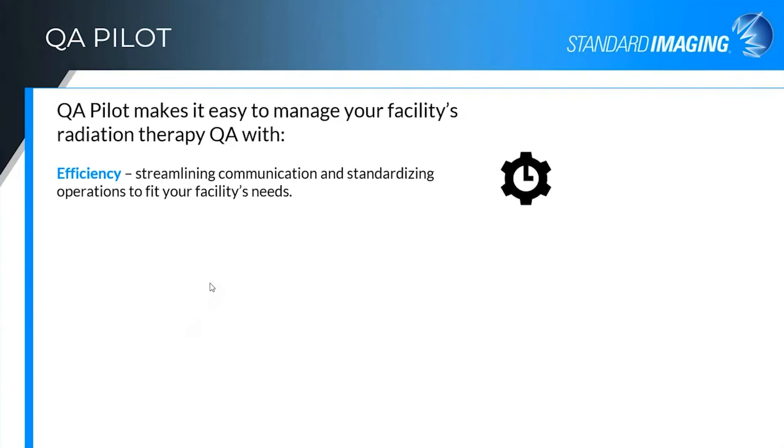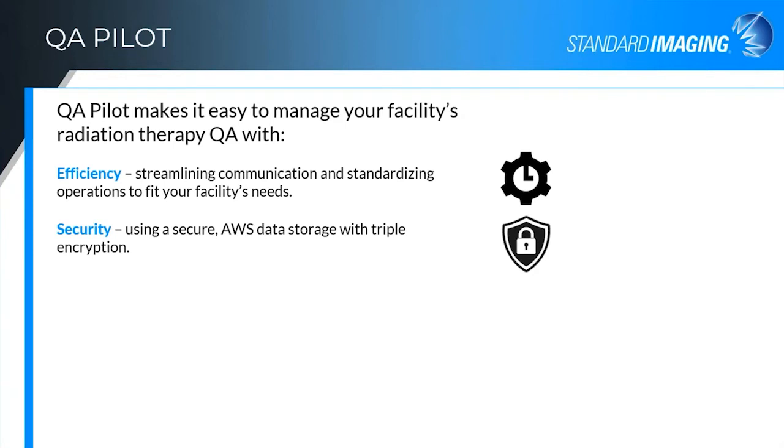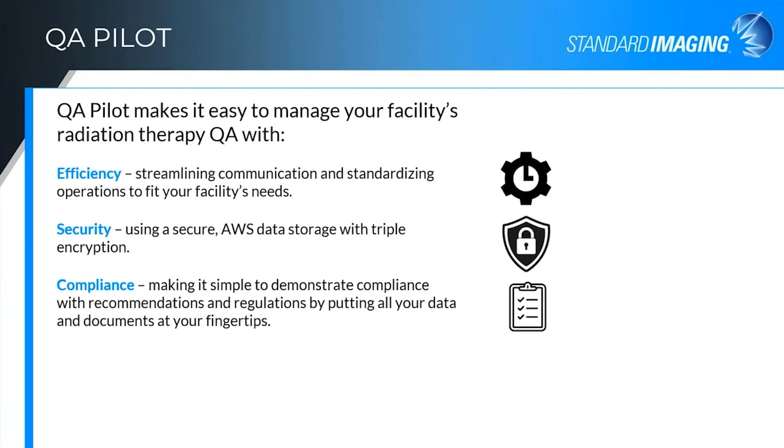And how does QA Pilot help you? We help you gain efficiency in streamlining communication and standardizing your operations. We provide security. We use Amazon Web Services for data storage, which is triple encryption and guarantees 99.99999% uptime. It's a very secure cloud solution.